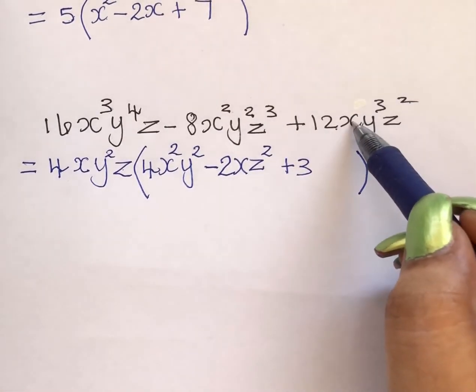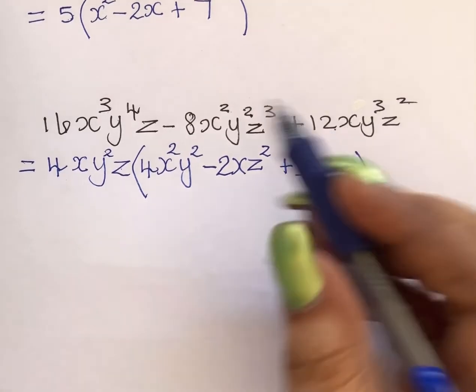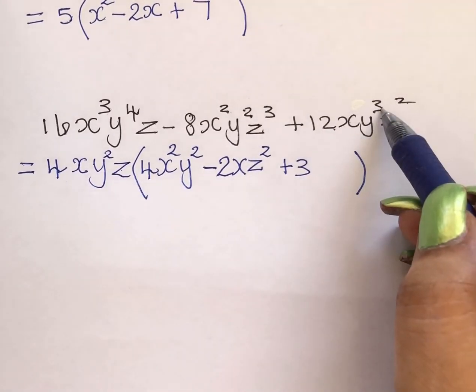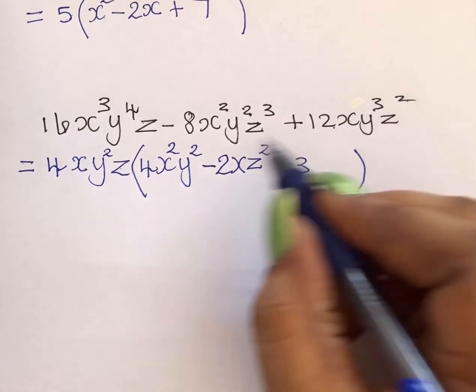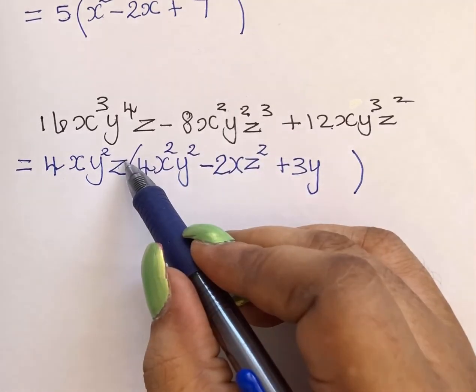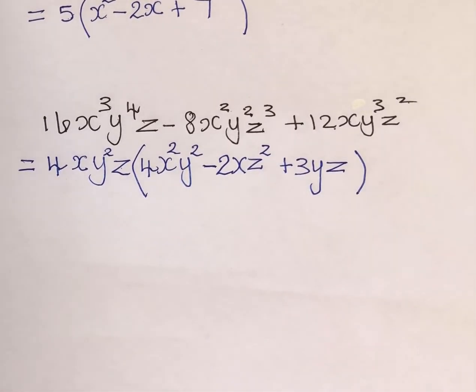X into x, that will go and leave us with 1, so we do not write anything. Let's look at our y's. We have y squared and y cubed. So it is 3 minus 2, which will leave us with 1. Z into z squared will leave us with 1, which is z.